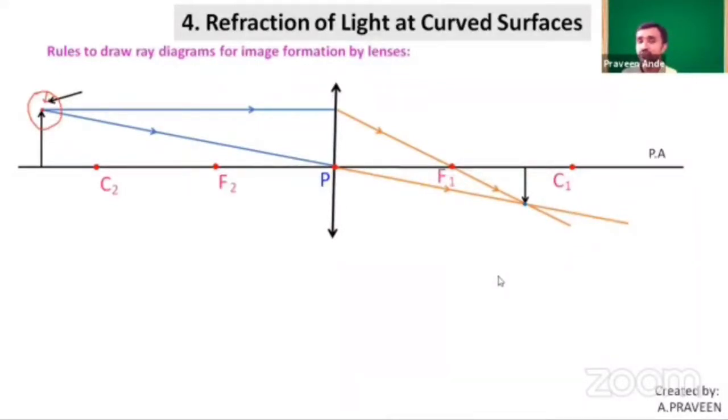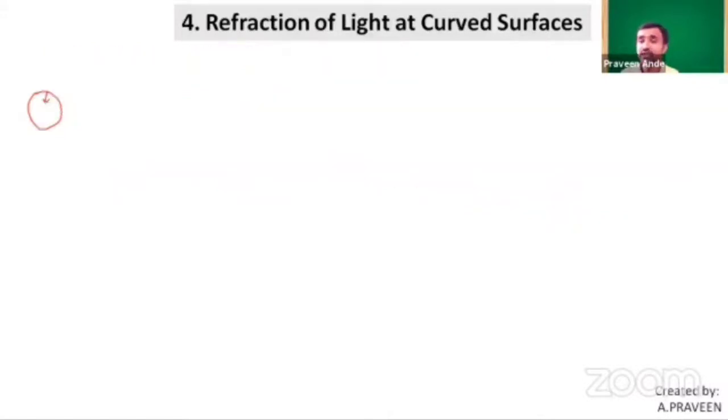So the object faces above the principal axis, the image faces below the principal axis. How are they standing? Opposite, facing each other. So this type of image is called an inverted image. Then identify the point where that perpendicular meets the principal axis. There the bottom of the object will be formed.